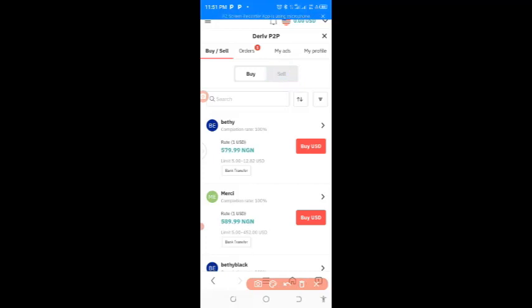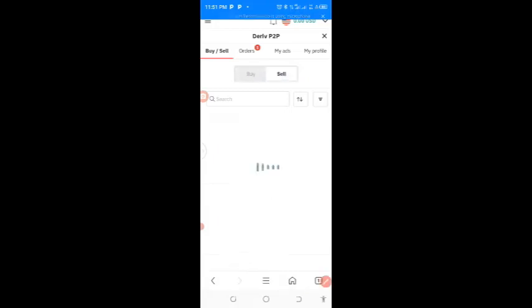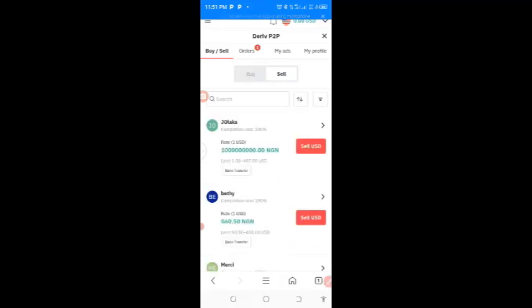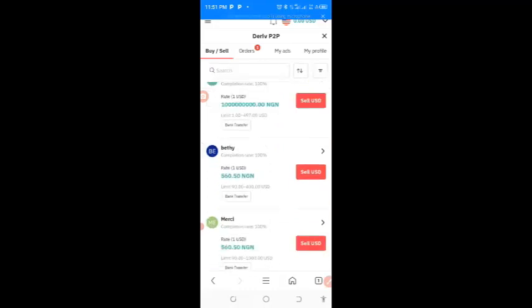By the time you click this one, it will take you to the sell button. You can see all this now. They want to sell at 560.50.